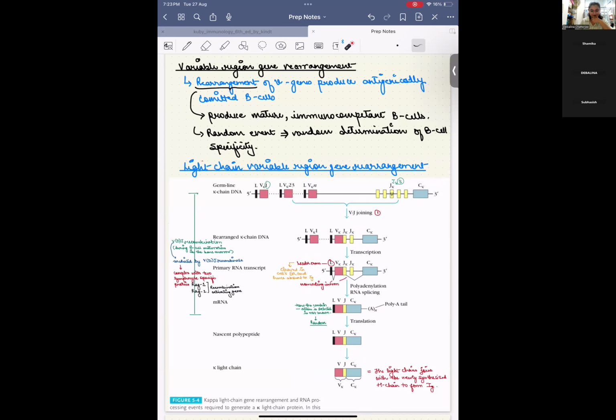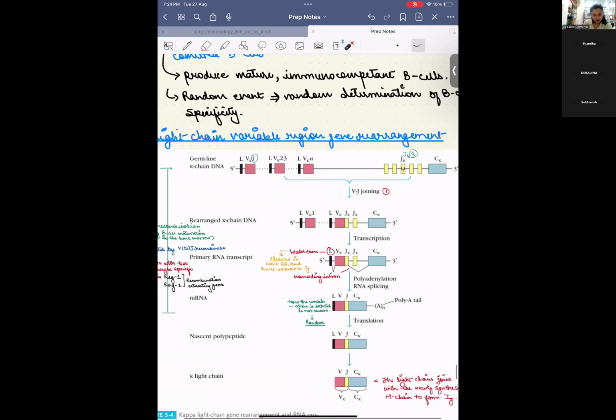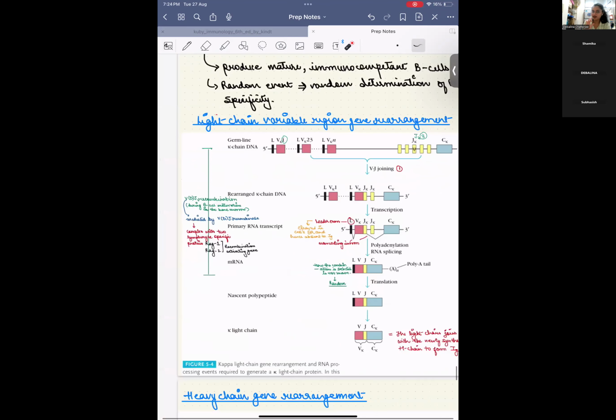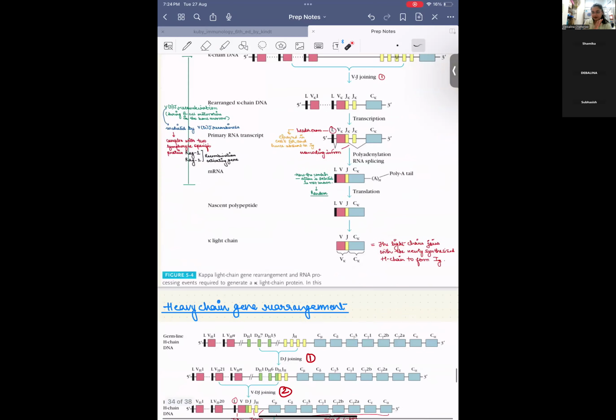Ma'am, this L region, the leader exon, is present only in front of the variable region, so as to suppress the activity of the specific variable region gene, right? See, if you look at the RNA transcripts forming for the heavy chain as well as the light chain, the L sequence is present at the 5' terminal.